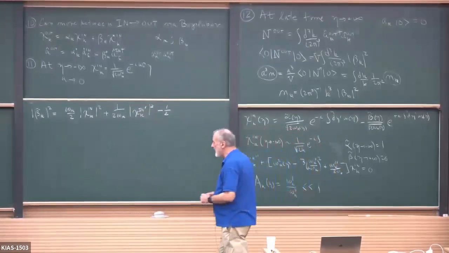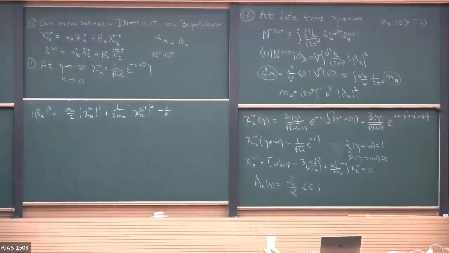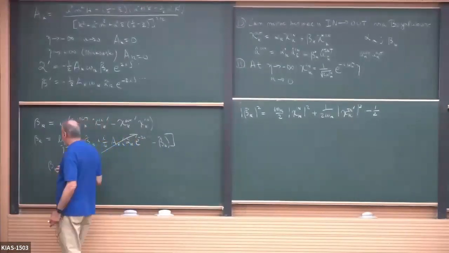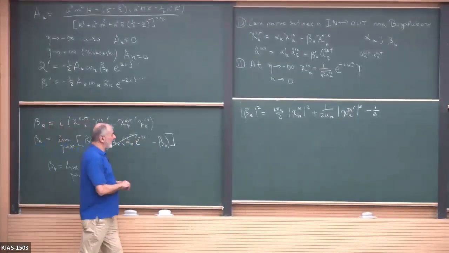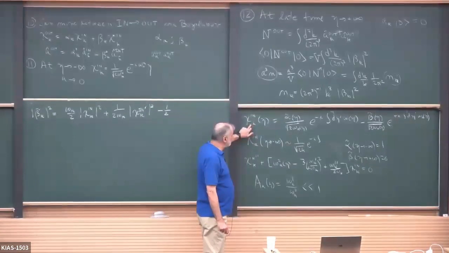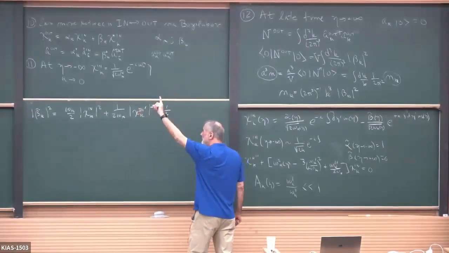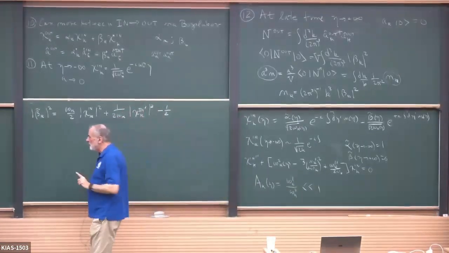So we want to calculate beta tilde at late times, and we can do this in two ways. We can solve the mode equation for chi k directly. That's the second order equation that used to be up on the board.